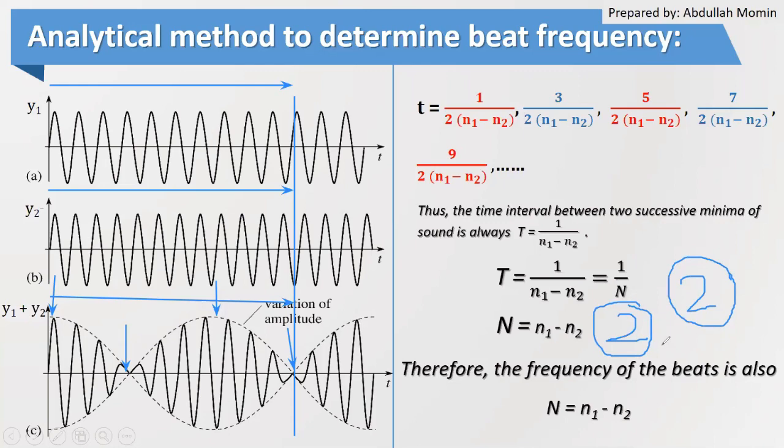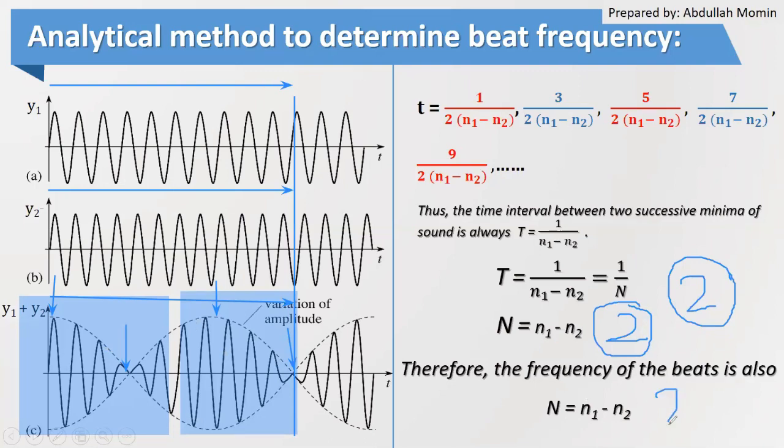We will say that the frequency of wax is 2, the frequency of wane is also 2, and 1 wax and 1 wane combine to form 1 beat. So these two will combine to form 1 beat, and these two will combine to form another beat. So the number of beats we are getting is also 2.